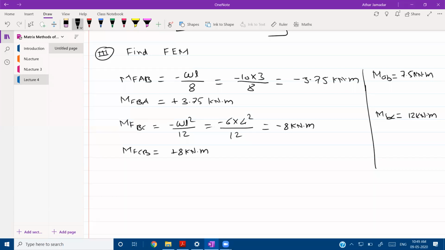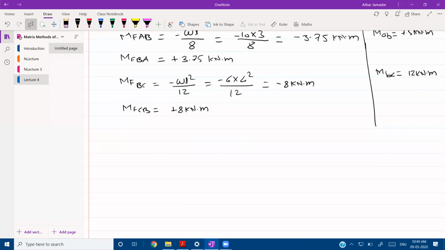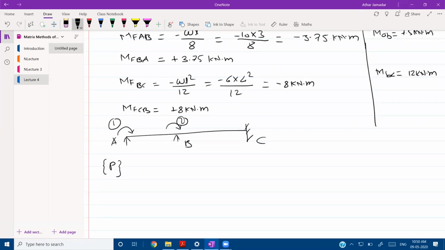Okay, so after finding out FEM, remember our assumed coordinates, I will draw once again here. A, B, and C. This is coordinate number 1. This is coordinate number 2. So first we will see P vector. Again, depending upon number of coordinates, this P vector will be divided in P1 and P2.